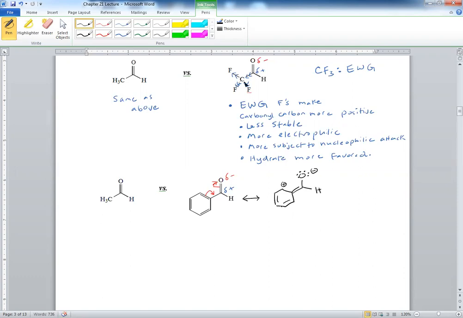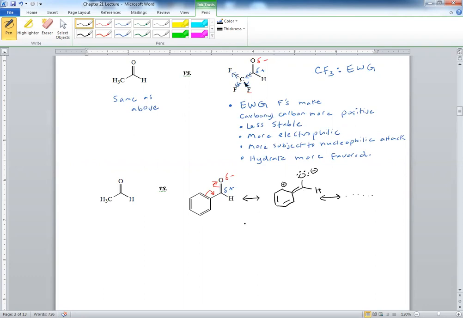So notice what happened here. You have resonance stabilization. You can draw more resonance structures. So again, it's making the carbonyl actually more stable.